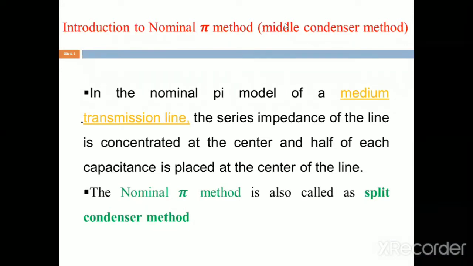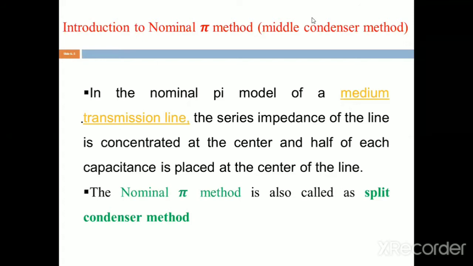The nominal pi method is called the split condenser method.